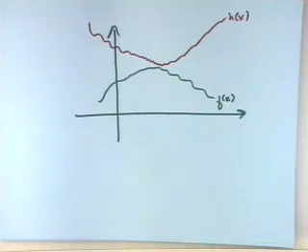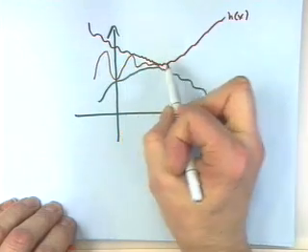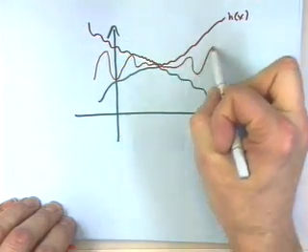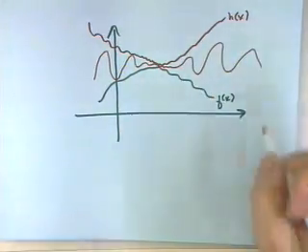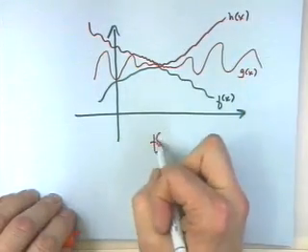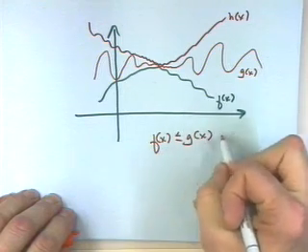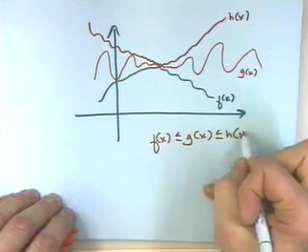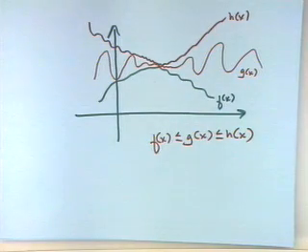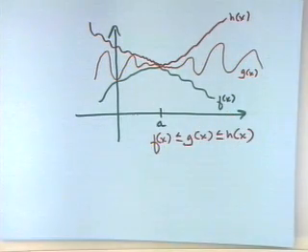And let's say that the g of x is somewhere in between. So here we are, coming in to some x value a.